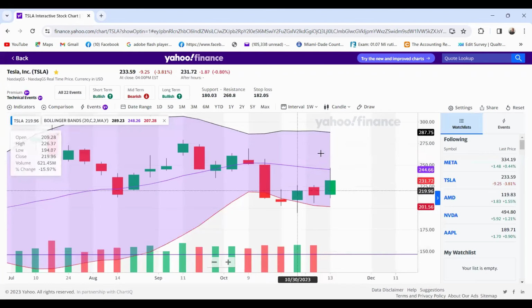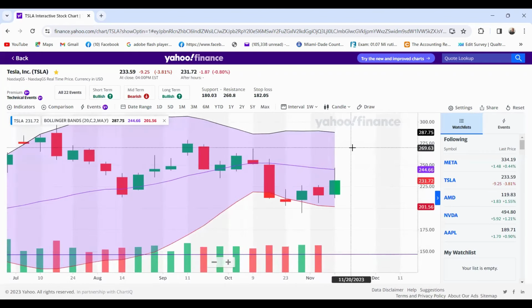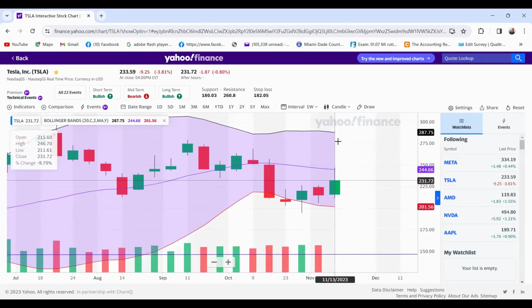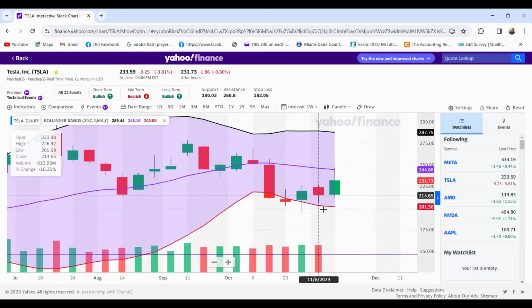So it is made up of three things: the upper level, the middle, which is the moving average, which we call the middle range or moving average, and the last one, we call the lower level, which is the bottom.